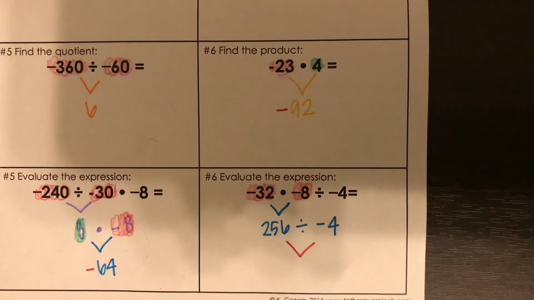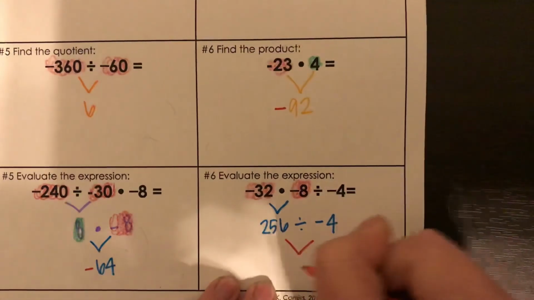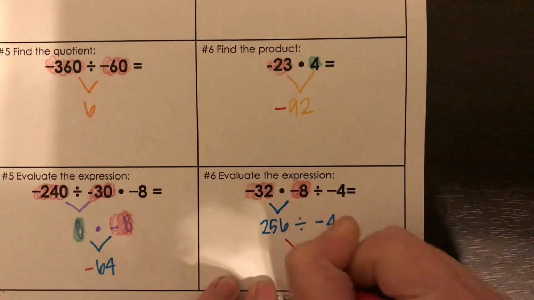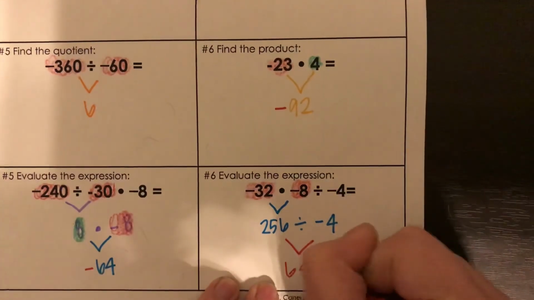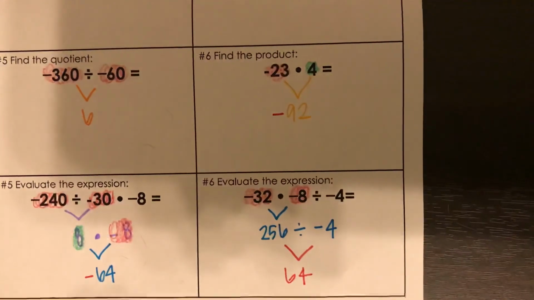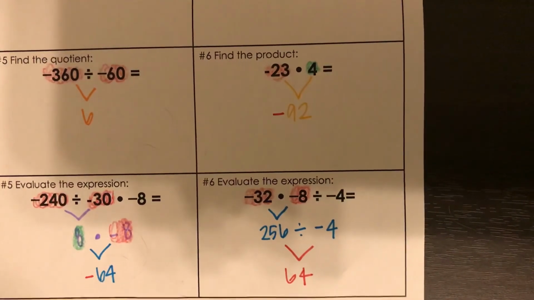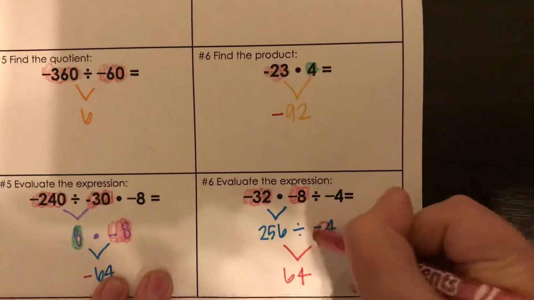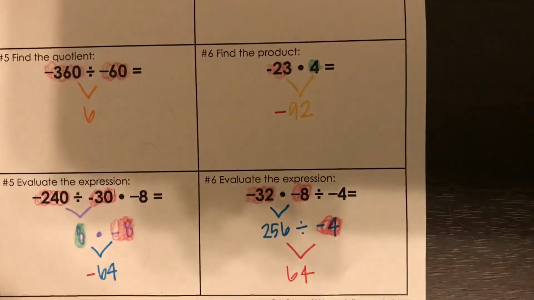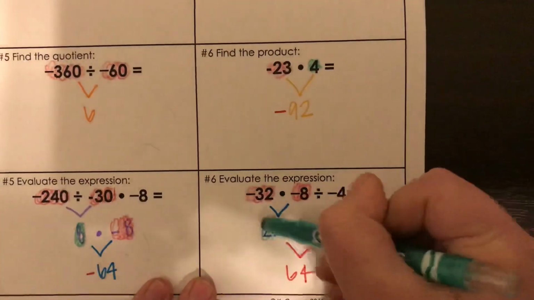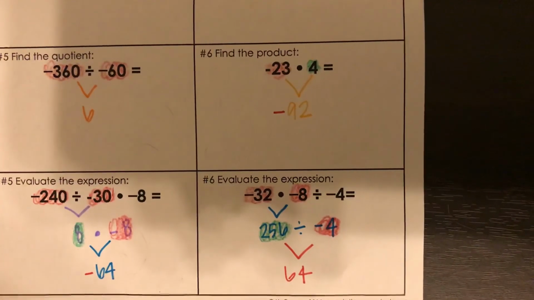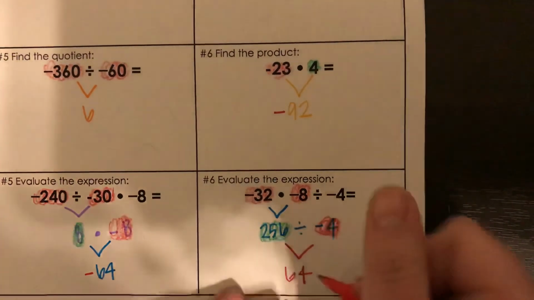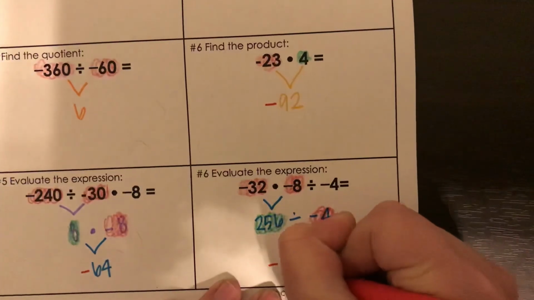We know 4 goes into 25 6 times, with 1 left over, and that's 64. We have a positive number and a negative number, so once again, we have different signs. So our answer is going to end up being negative 64.